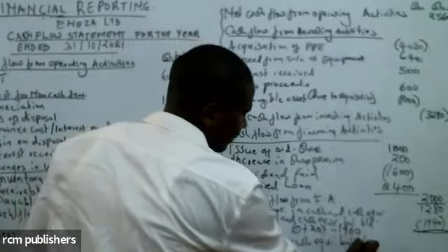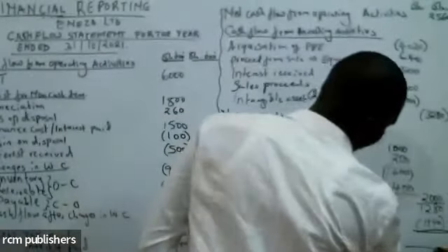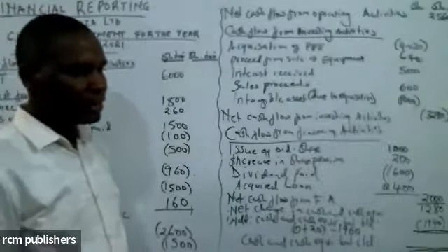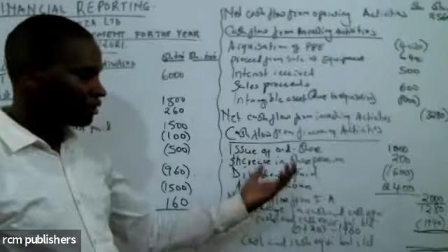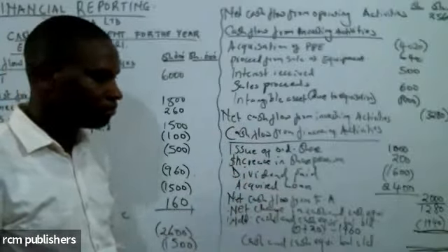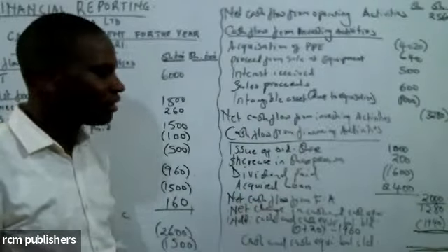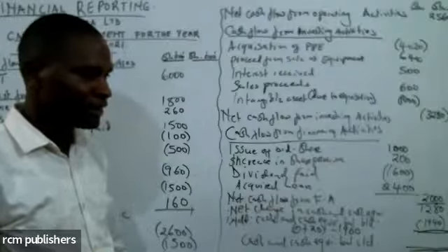balance carried down. That is the cash this company will have at the end of the year. It might be having some cash, or it might be having no cash, or a negative cash, which means their cash was depleted.